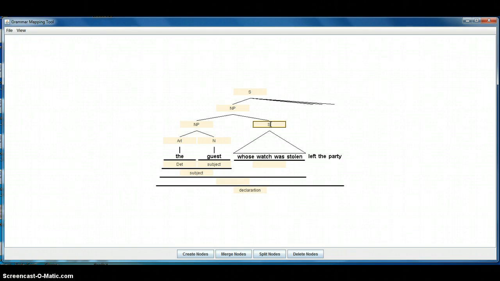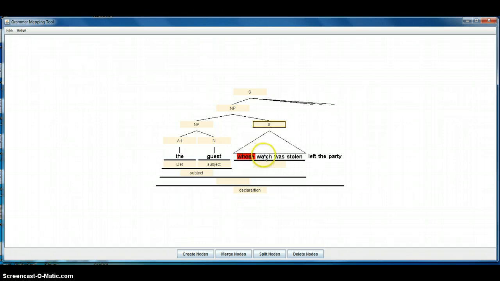So the whose is a possessive pronoun. It's also a determiner, because we know possessive pronouns can be determiners. We want to say, this is just like a sentence.